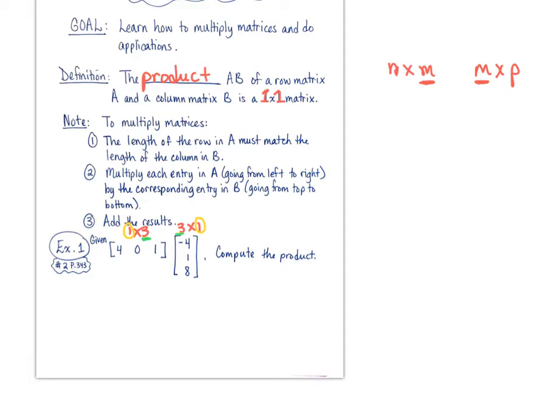So it says here that this has to match this, which it does. Then it says multiply from left to right and top to bottom. So we're going to multiply 4 times negative 4. We're going to add to that 0 times 1.